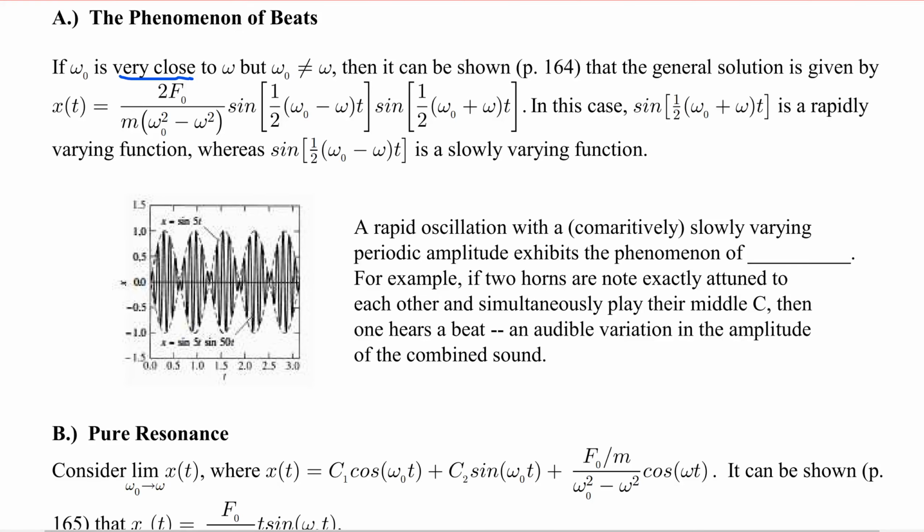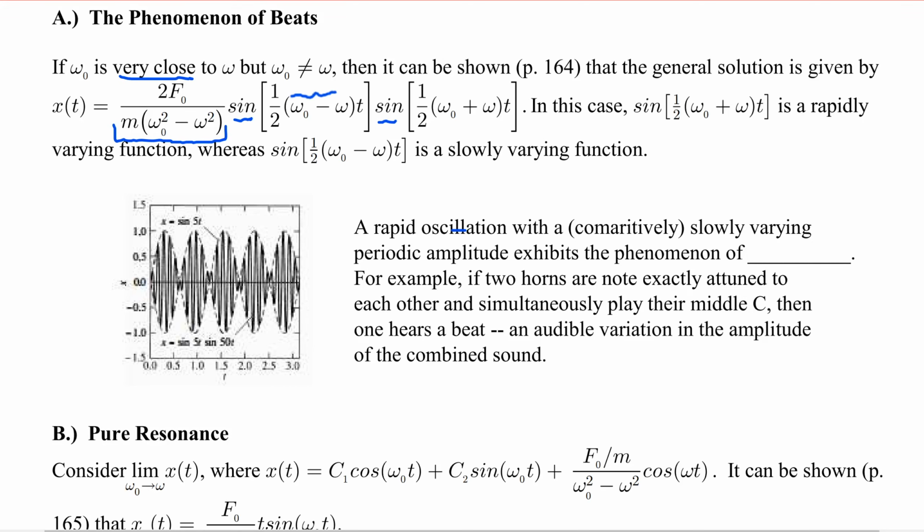So if these 2 values are very close together, it can be shown, we're not going to show it here, but it's in full glorious detail on page 164 of your text, that the general solution is given by x of t equals, now what I want you to see here is we have a constant, those are all parameters, so that's a constant, times the product of 2 sine waves. So instead of adding and subtracting sinusoids here, we've got the product of 2 sine waves.